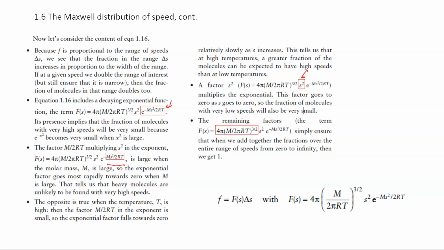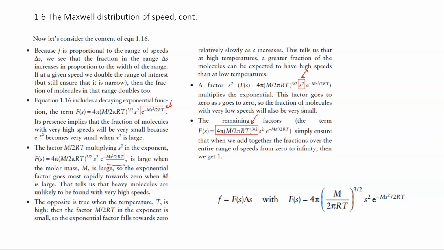And then finally, the remaining factors, the term circled here, simply ensure that we add together the fractions over the entire range of speeds from 0 to infinity, and we get 1 as a whole. So this is a relatively large equation with a lot going on, but if you break it down into its components, the implications of what these components mean are quite rational when you think about it.